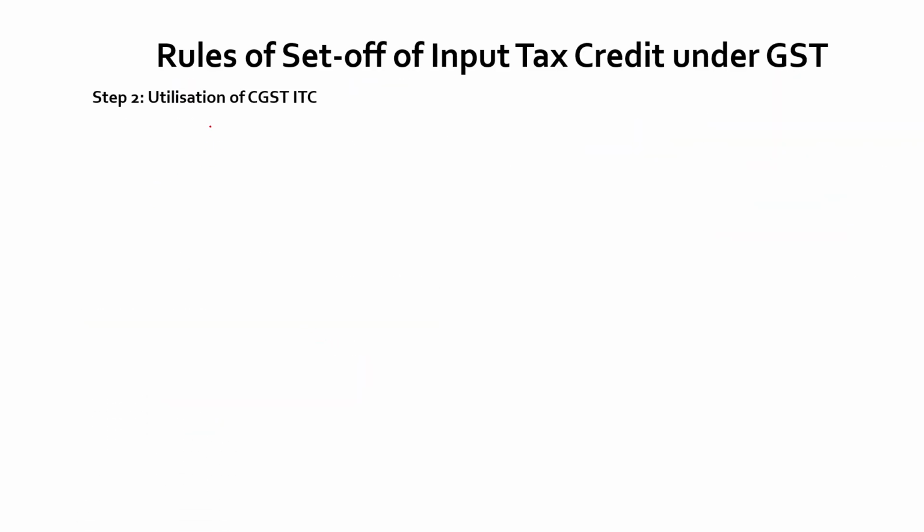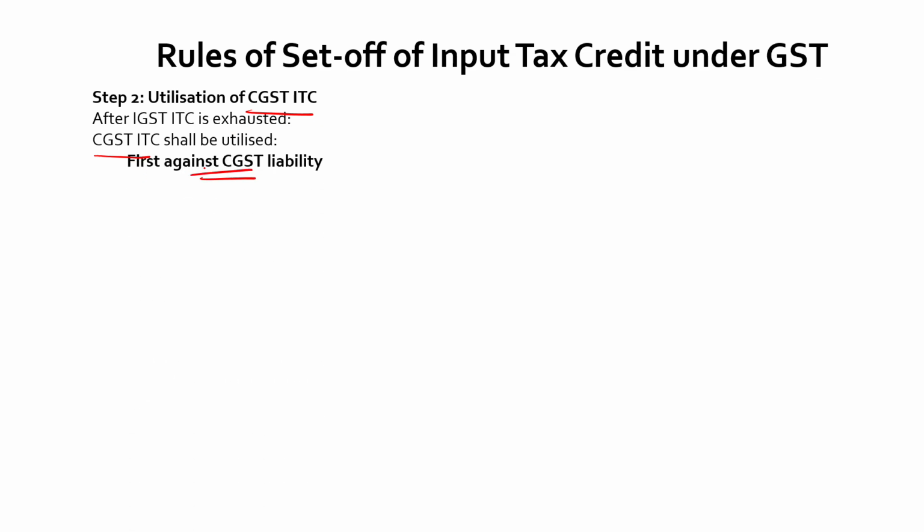The second step is utilization of CGST. Once IGST is exhausted, meaning your input tax of IGST is over, you can use CGST as follows. CGST should be utilized against CGST first, and if anything is remaining, then you utilize it against IGST liability.